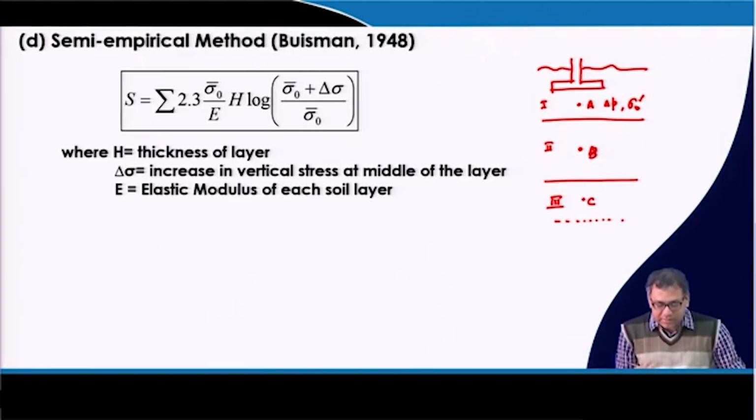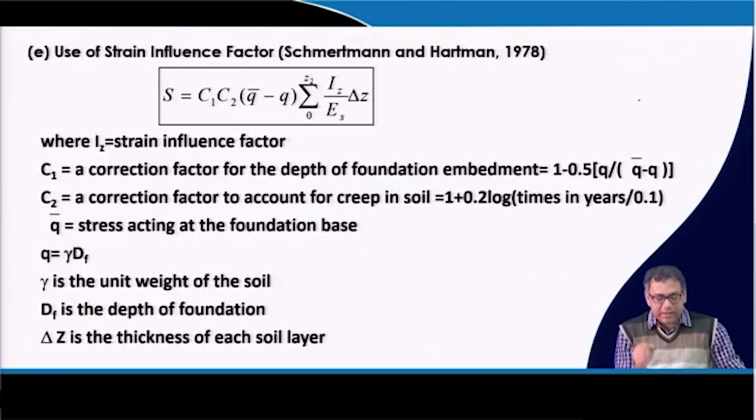Okay, so the next method is the strain influence factor method. This method was proposed in 1978. This is the expression. S, the settlement, is C1 C2 into q bar, where q bar is the stress acting on the foundation base, and q is gamma times dF, where gamma is the unit weight of the soil and dF is the depth of the foundation.